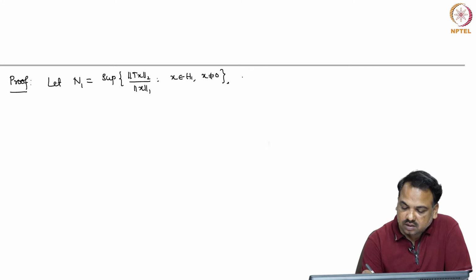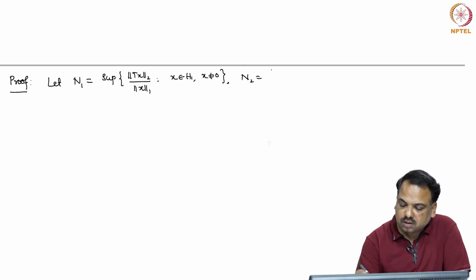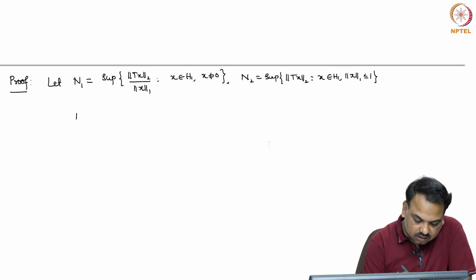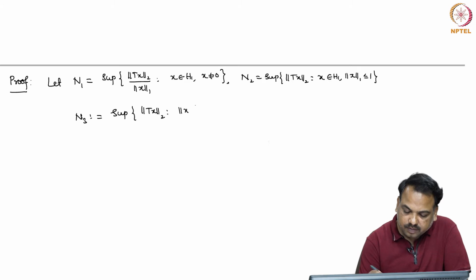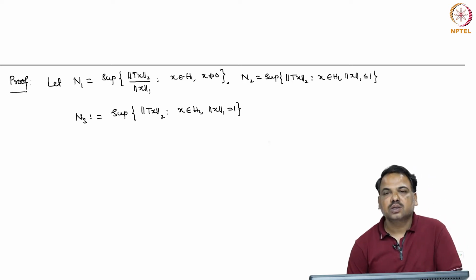Let us take N2 as the supremum of norm Tx, where x is coming from H1, norm x less than or equal to 1, and N3 as the supremum of norm Tx, where x is in H1 with norm x equal to 1.